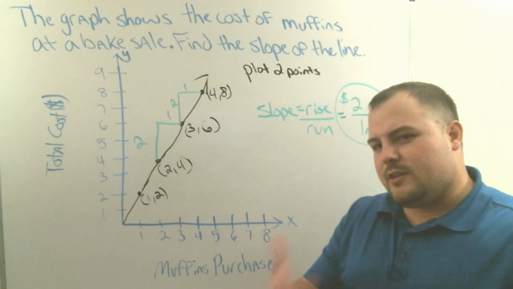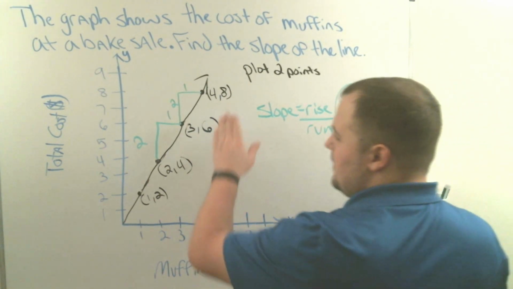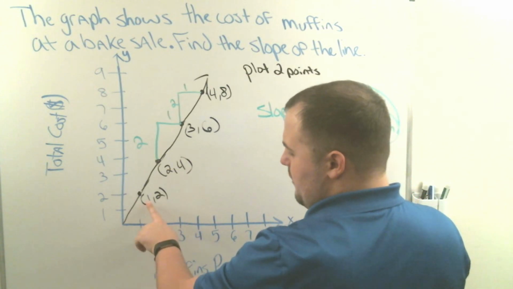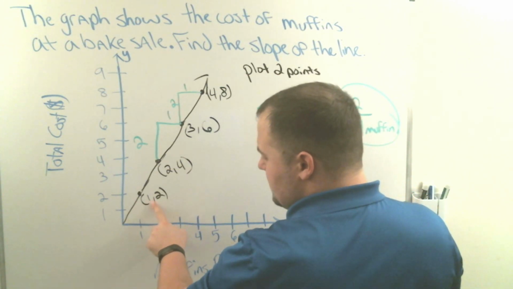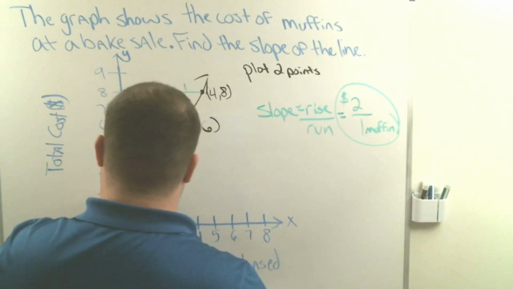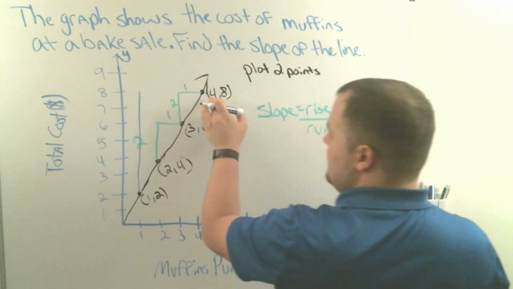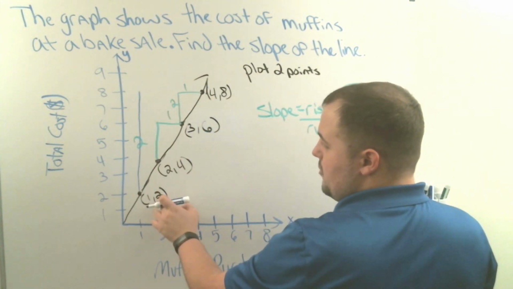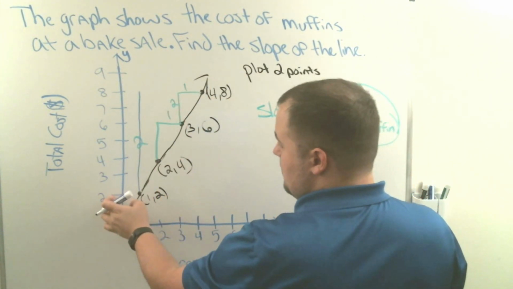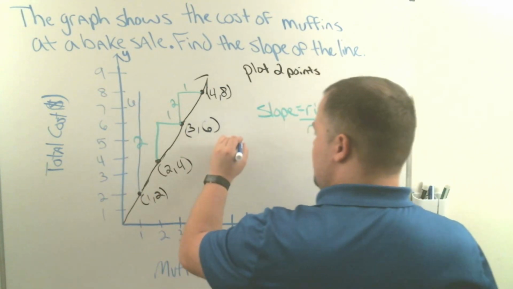And if you really want to get fancy, you could pick a point that is really far away. Say I wanted to say, what's the slope from this point all the way to that point? So how much do I go up from here all the way up to this point here? So I'm going from 2 all the way up to 8. Well, 2 to 8 is a rise of 6.